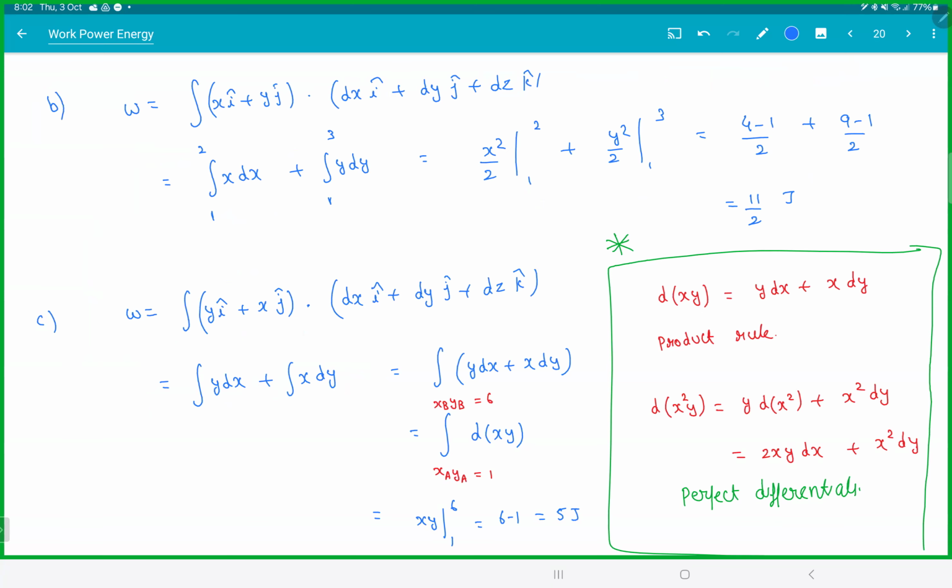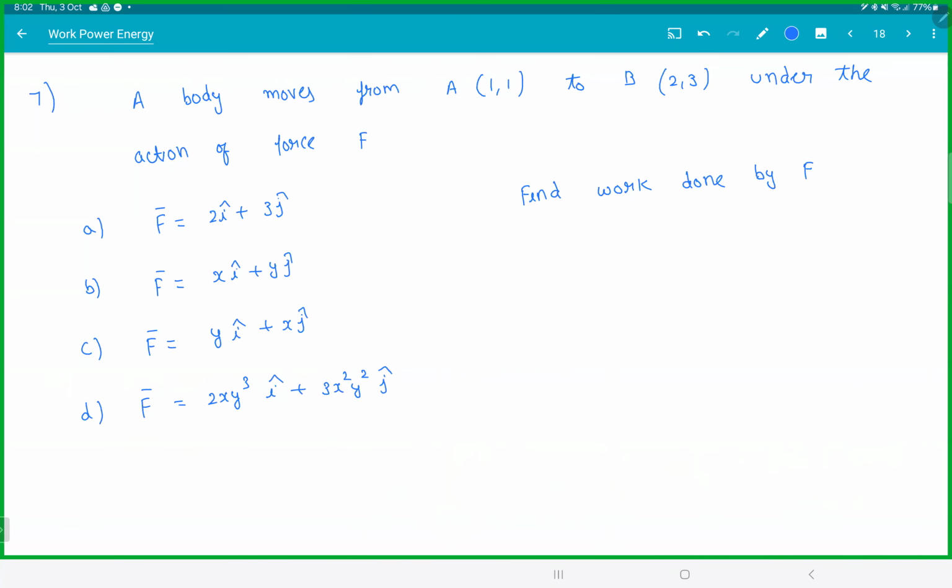Vihan, clear, no? Now, using the same logic, if you see D is also a perfect differential, can you do it now? So these two, A and D, these are perfect differentials. So keep this in mind, generally. If they say you're going from A to B and you don't tell me how you're going, I can't solve.